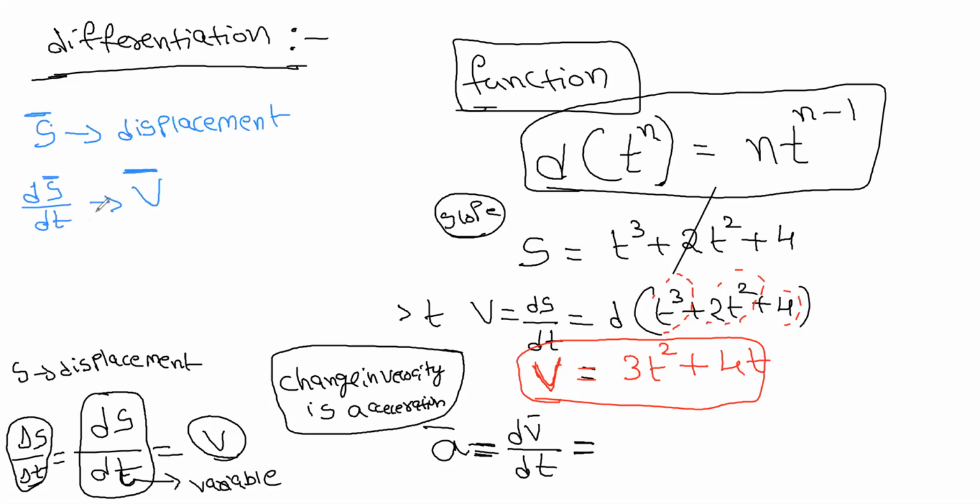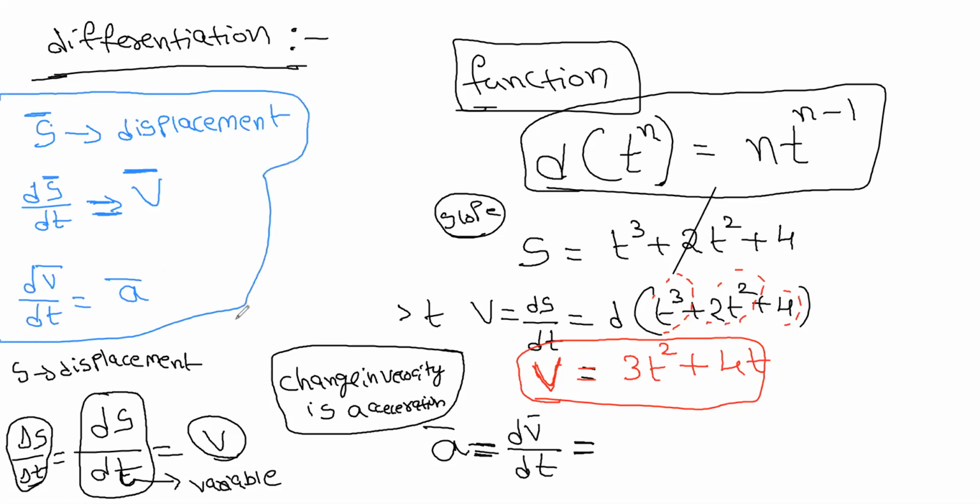So ds by dt gives velocity. Now if you differentiate velocity, dv by dt, you will get acceleration. These two things you have to remember. Change in displacement gives velocity. Change in velocity gives acceleration.